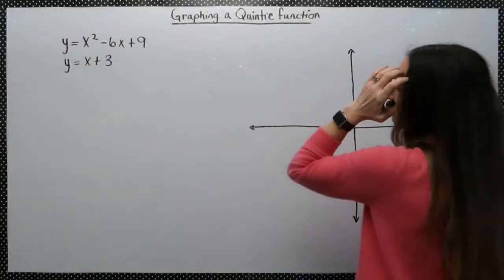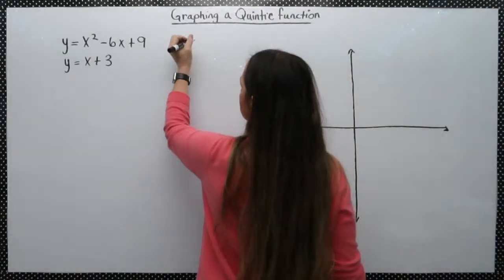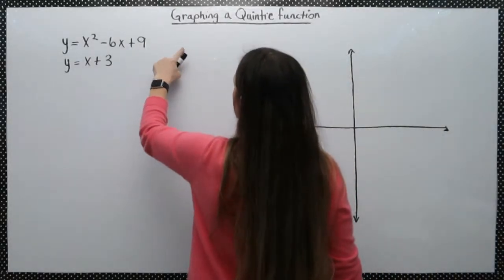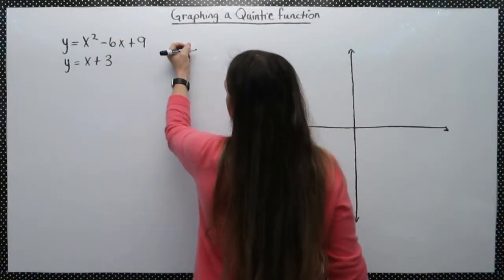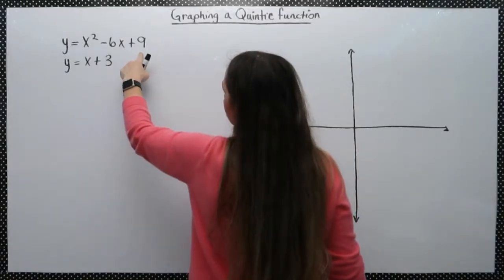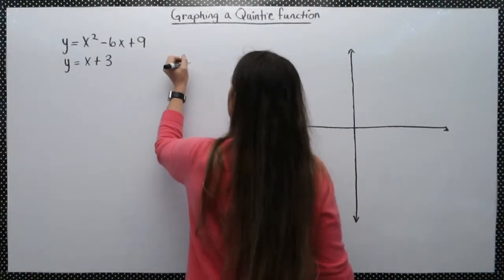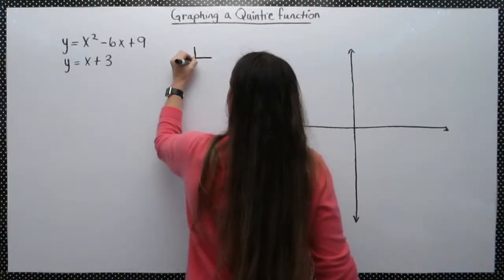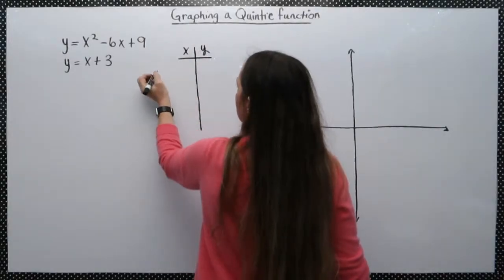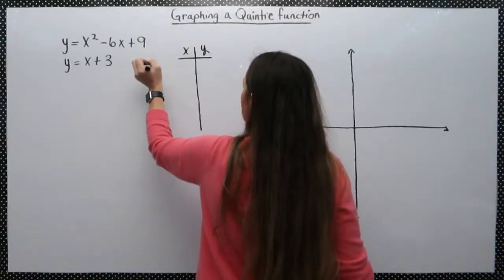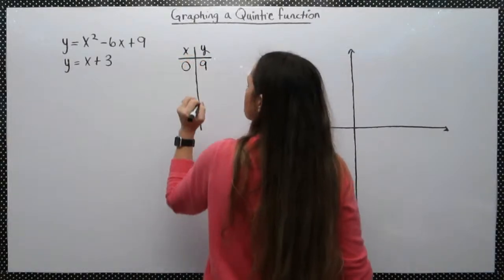If we go ahead and analyze this function first, which is not really necessary to solve, but just looking at this function right here, let's get a couple points. We have a y-intercept: when x is 0, y is 9.